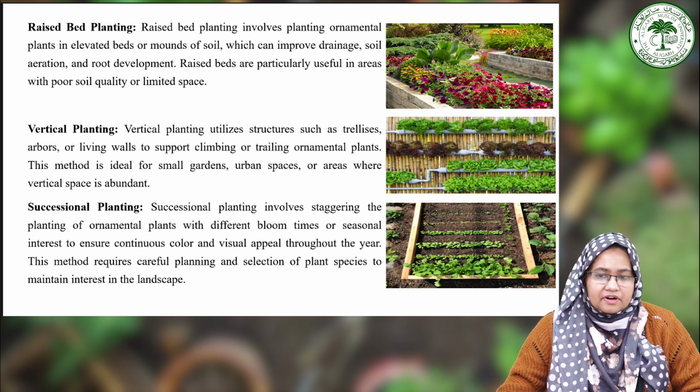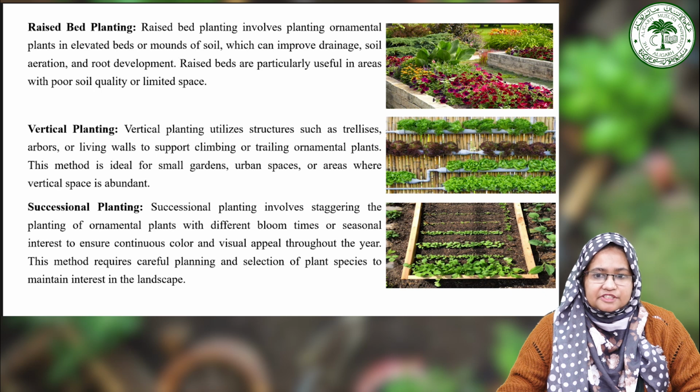Then, most important, the next one is vertical planting. Vertical planting utilizes structures such as trellises, arbors or living walls to support climbing or trailing ornamental plants. This method is ideal for small gardens, urban spaces or areas where vertical space is abundant.